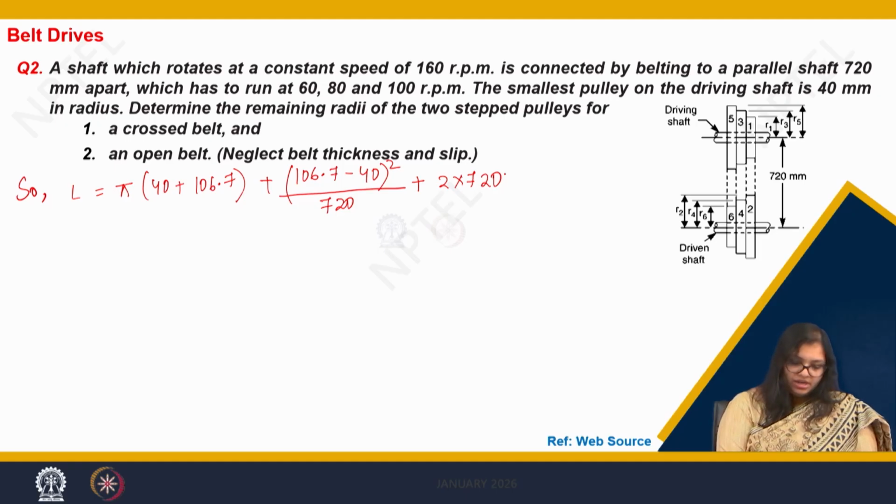Here my R1 is 40, my R2 is 106.7, my x is 720. So this gives me L is equal to 1907 mm.